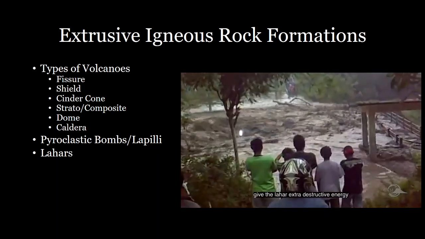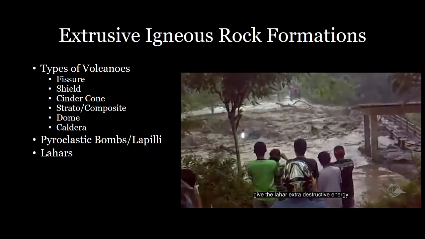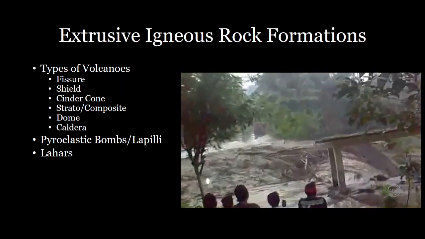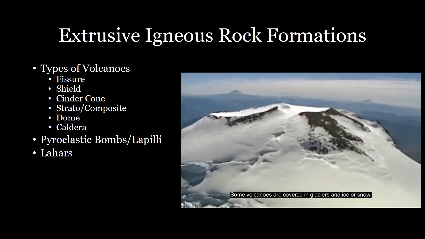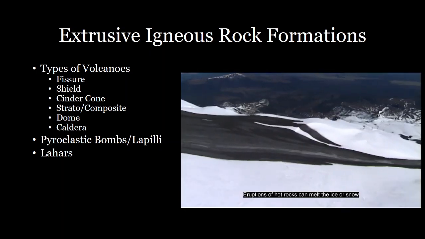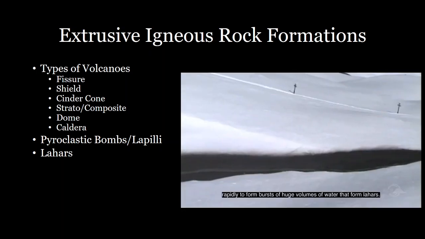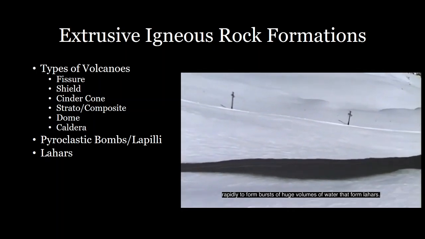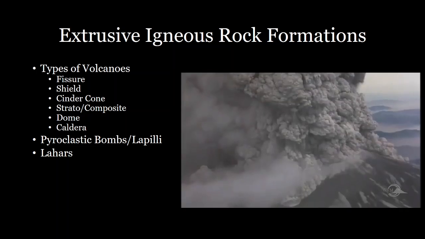The rocks and debris give the lahar extra destructive energy, and often the flows move much faster than someone can run. Some volcanoes are covered in glaciers and ice or snow. Eruptions of hot rocks can melt the ice or snow rapidly to form bursts of huge volumes of water that form lahars.